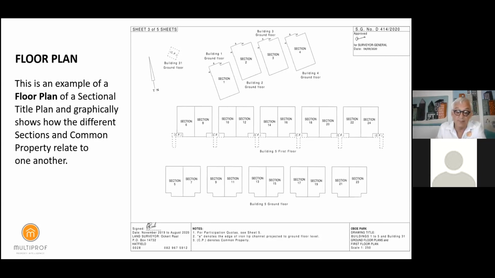It's common property, anybody can use it, and you can lose the deal, or you can be sued for misinformation should you offer this carport as part of the unit that you are selling in the complex. Let me just go there.